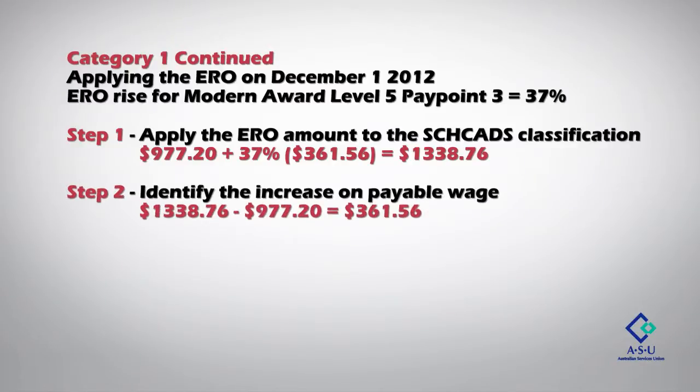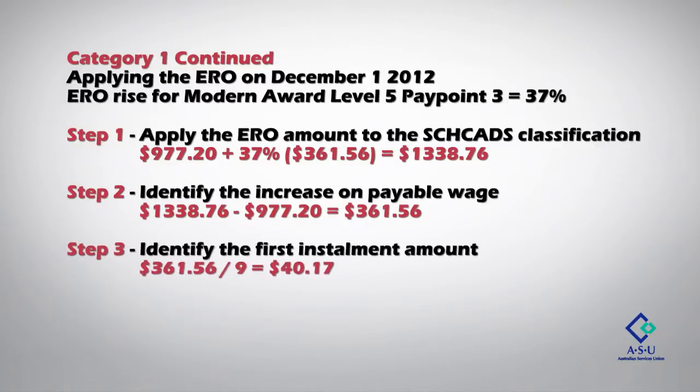Step 2. Subtract the current wage from the 2020 wage to identify the total wage increase by 2020. $1,338.76 minus $977.20 equals a $361.56 pay rise.